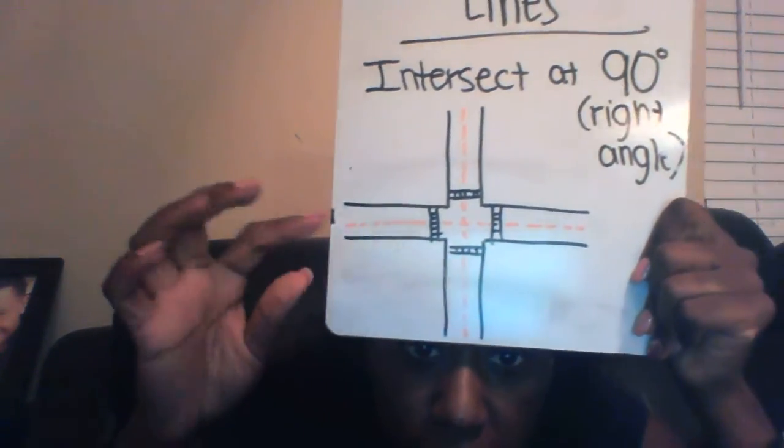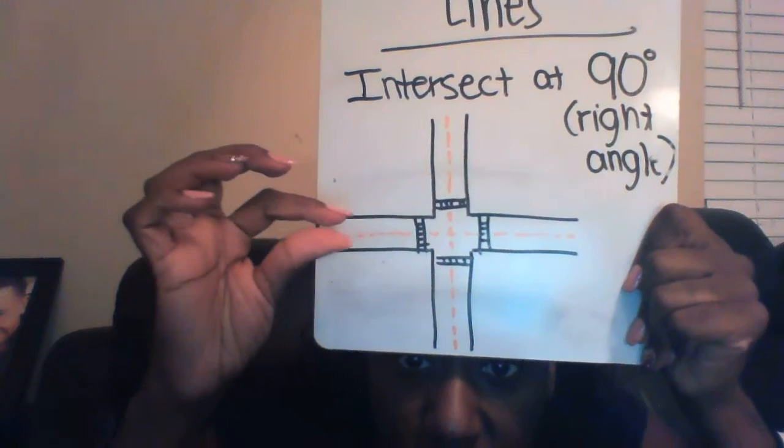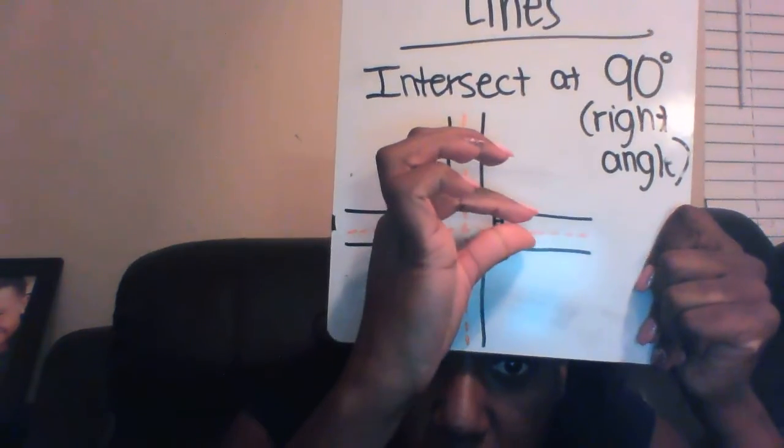Okay? Here, you see both sides of the street. So this is one side, all traffic is going this way. Traffic is going this way. Traffic is going this way. I meant to do that blue.